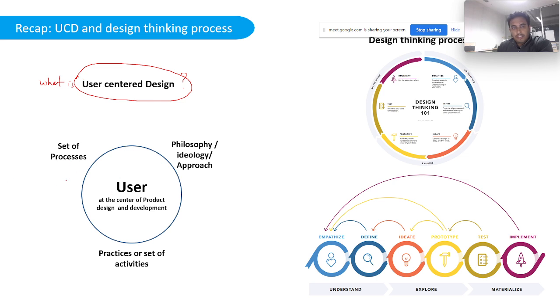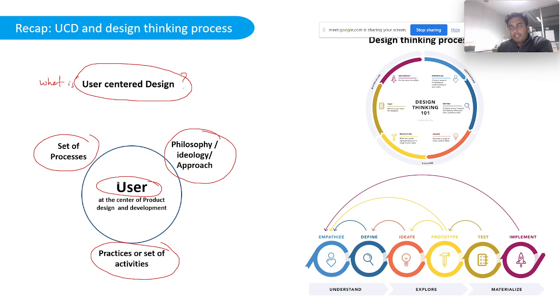Okay, so basically it's an approach. You can call it an approach, or a set of processes or activities which are defined from the perspective of the user. So for all decision making, we keep the user at the center of product design and development.